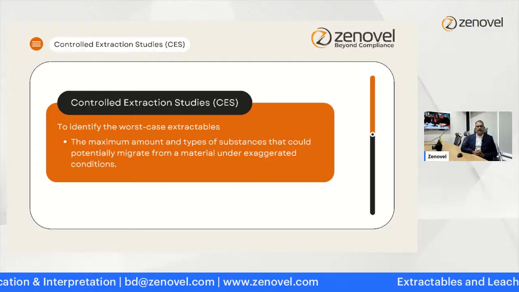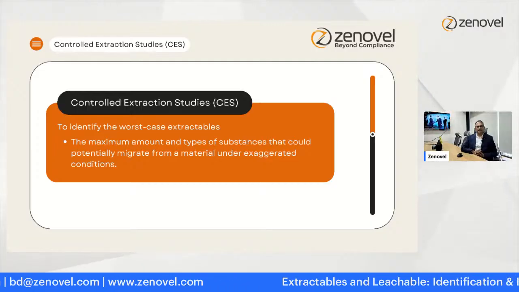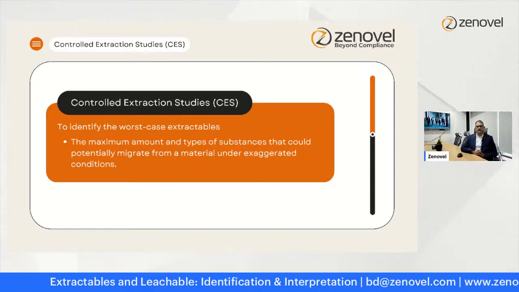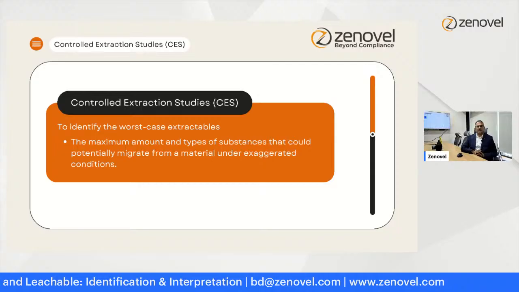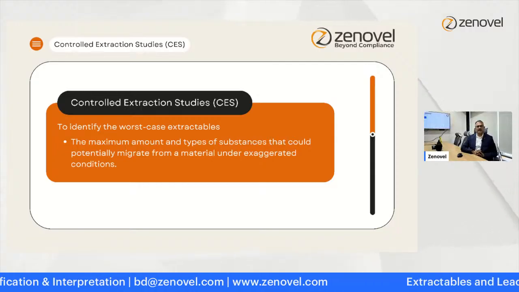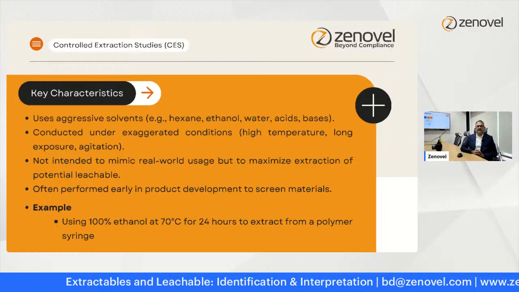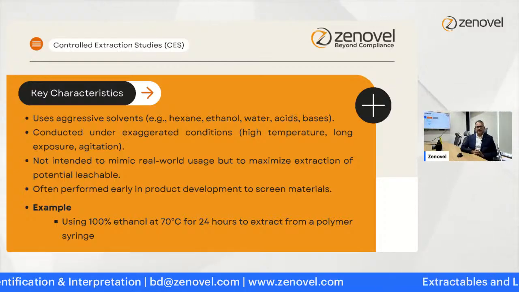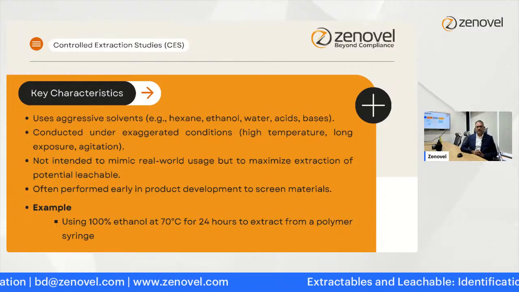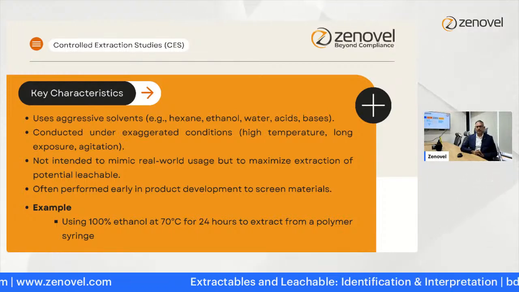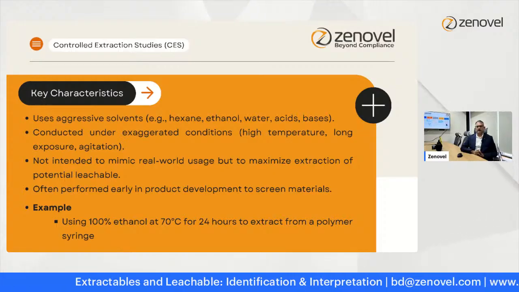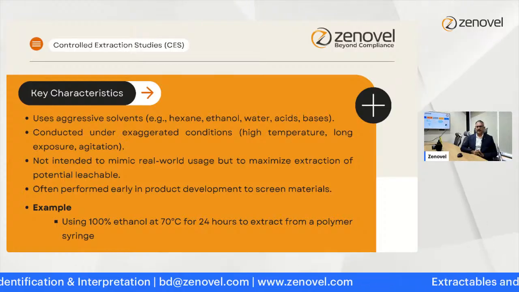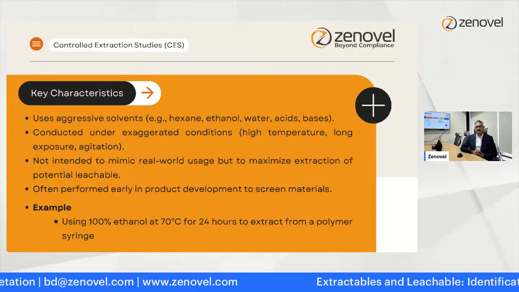The aim is to identify the worst-case extractables, the maximum amount and type of substances that could potentially migrate from a material under extreme conditions. The key characteristic of controlled extraction studies is the use of aggressive solvents, for example hexane, ethanol, water, acid, base, and conducting under exaggerated conditions, which means high temperature, long exposure, and agitation.